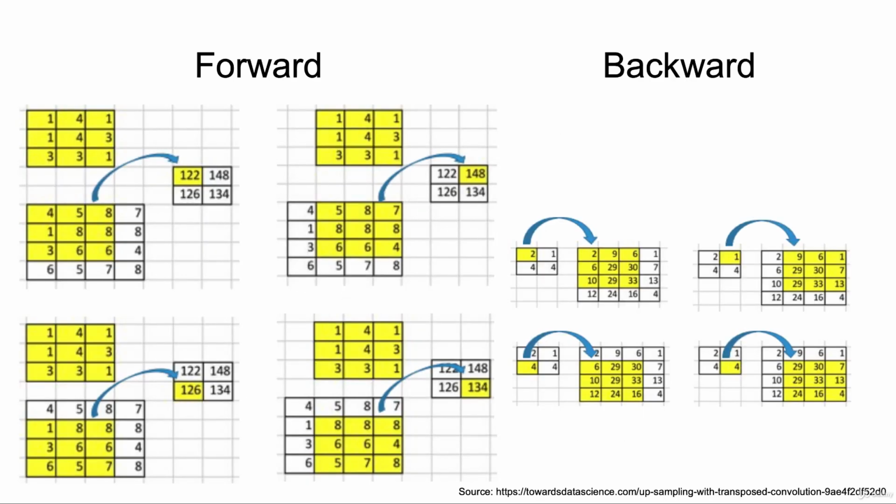On the forward pass we have a yellow kernel and it is applied to our image, and we decrease the spatial size. But in the backward pass we start from the small output and go back to the big input. So in fact, in the backward pass of the convolution, we increase the spatial size of the image from 2 to 4.